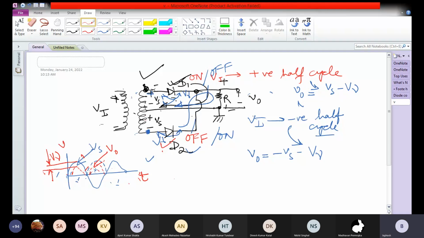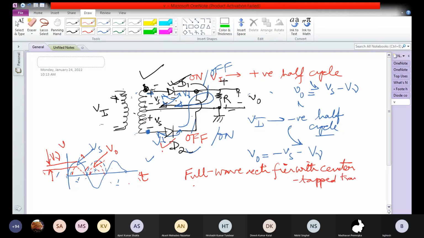This is called a full wave rectifier with a center tap transformer. So let us write: full wave rectifier with center tap transformer.